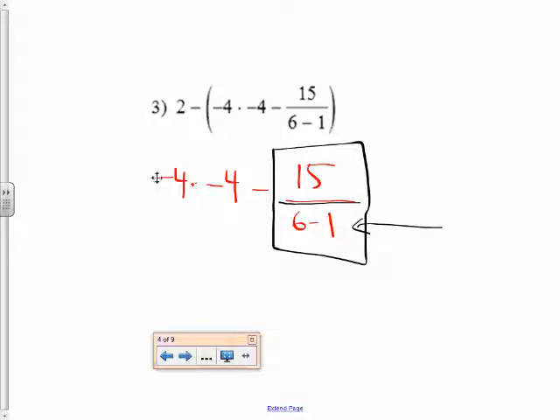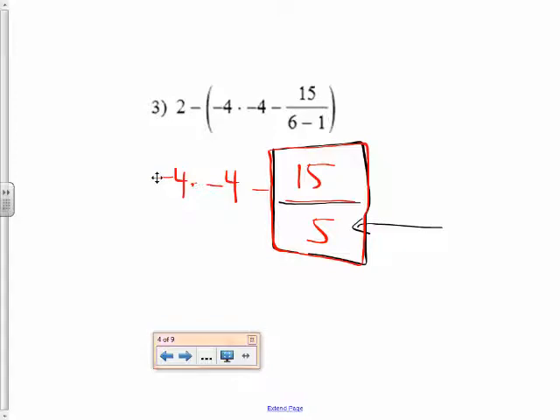So let's do that now. 6 minus 1 is the same thing as 5. And this is still inside a little box here. Now, I've been talking in some of my classes about algebra eyes. You will develop algebra eyes in my class. They're like X-ray goggles that see through math problems and start making shortcuts, and that's fine.